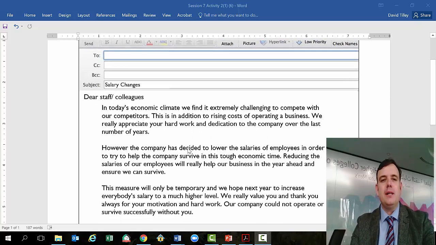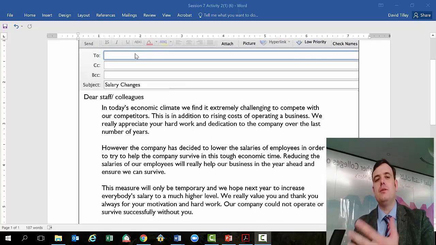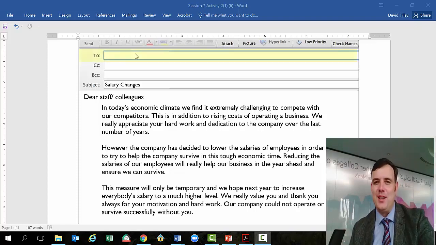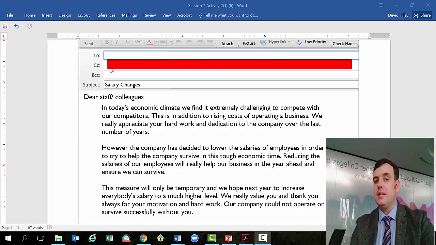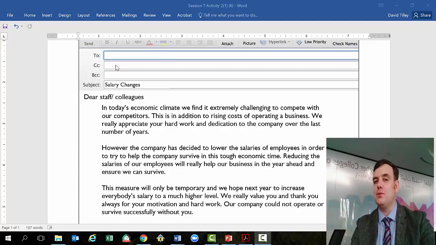So we have our email here. Obviously, you need to put whoever the email is supposed to be for. You'd put the email address in there. Pretty self-explanatory, right? Remember, if you'd like to CC, meaning carbon copy, if you'd like to give this email to someone else, if you'd like to copy them in, that's what that essentially is for. So another person will receive this email if you put CC.